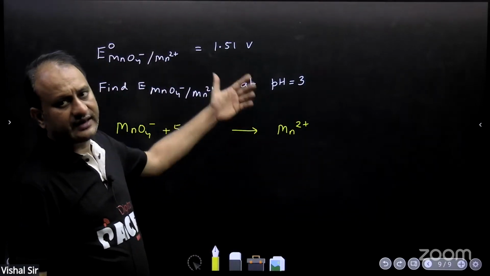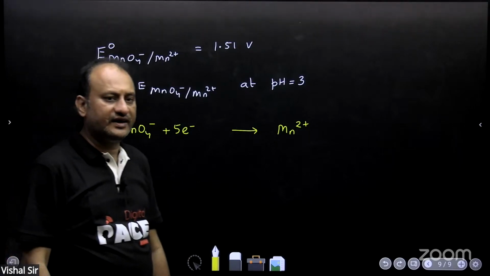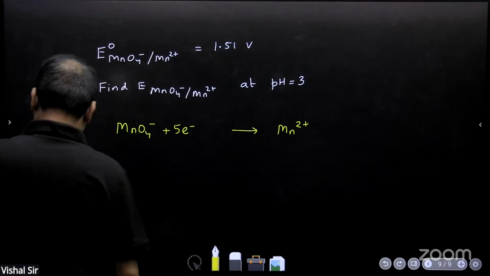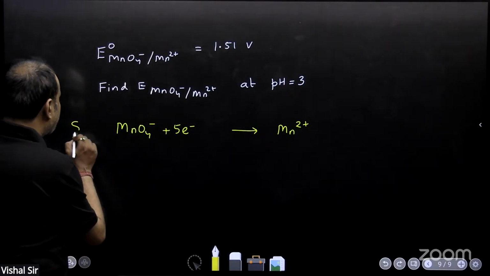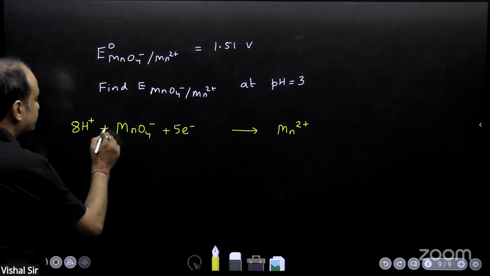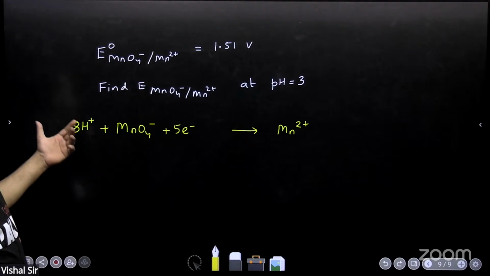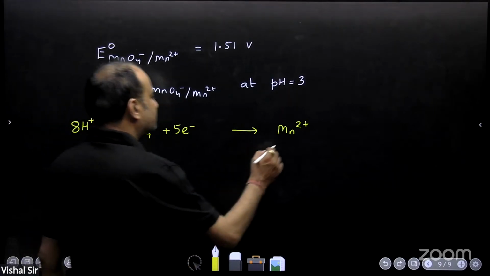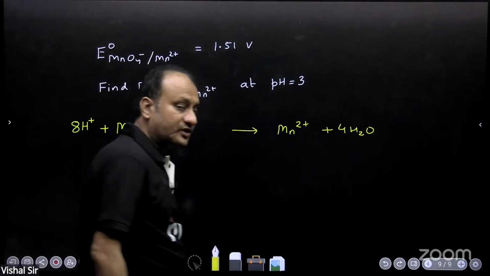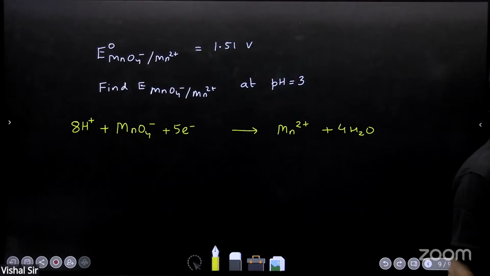As the pH value is suggesting, pH is 3, this medium is definitely acidic. So we have H plus ions with us. So to balance charge, we add 8 H plus ions. Now charge is balanced. And next, for balancing hydrogen and oxygen, we add 4 water here. Okay. So this becomes our balanced reaction.